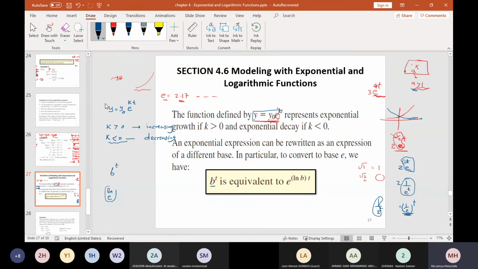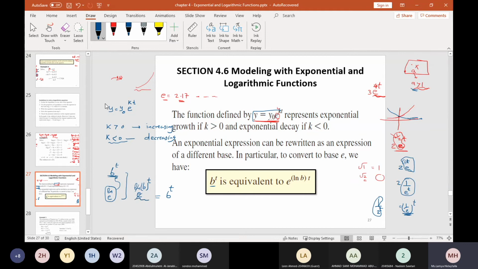So if I apply this to that function, as if I did nothing, the function will remain the same. So I can apply it here. My function will be e to the power ln of b to the power t. And we know that when these cancel, this is equal to b to the power t.